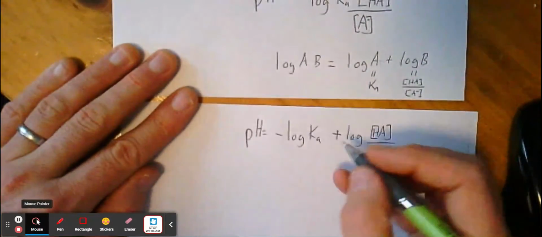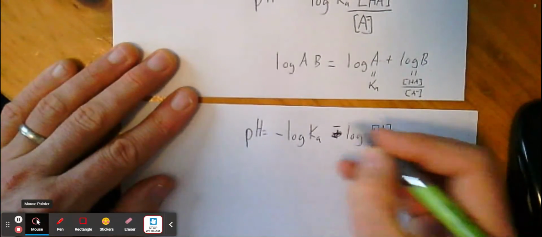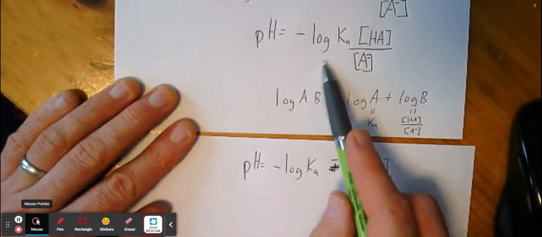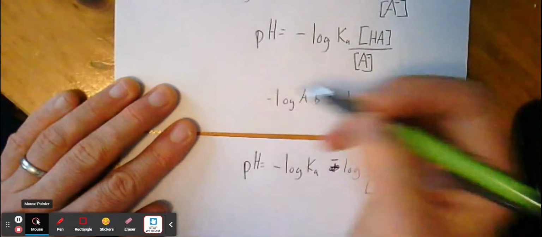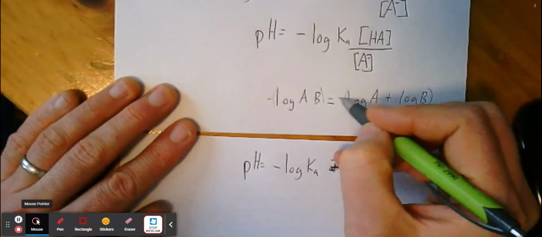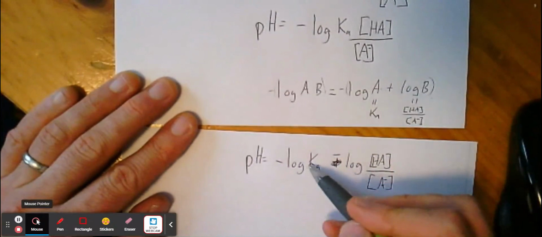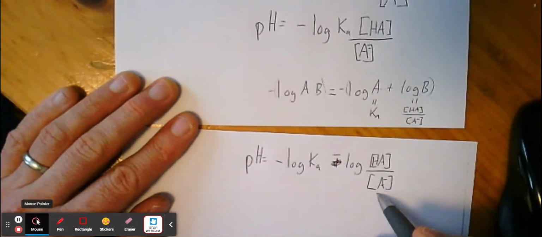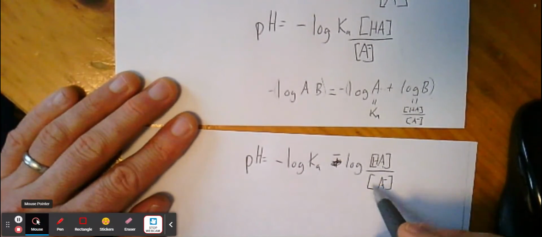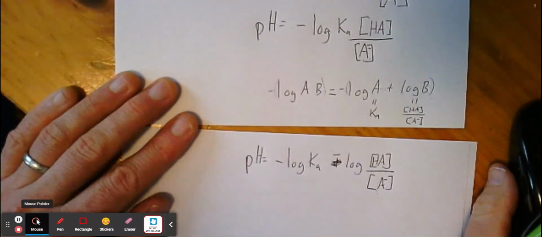I made a mistake. This should be negative, because it distributes to both of them. So it's negative log Ka minus the log of the concentration of weak acid divided by the concentration of conjugate base. All right, so I made a mistake there.